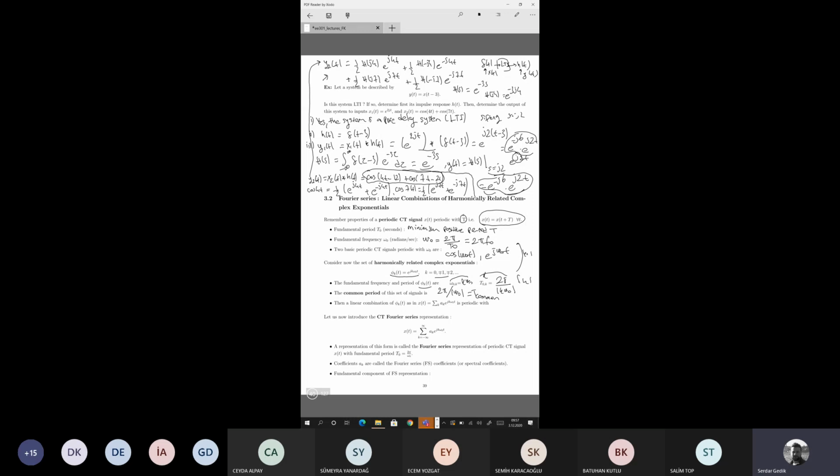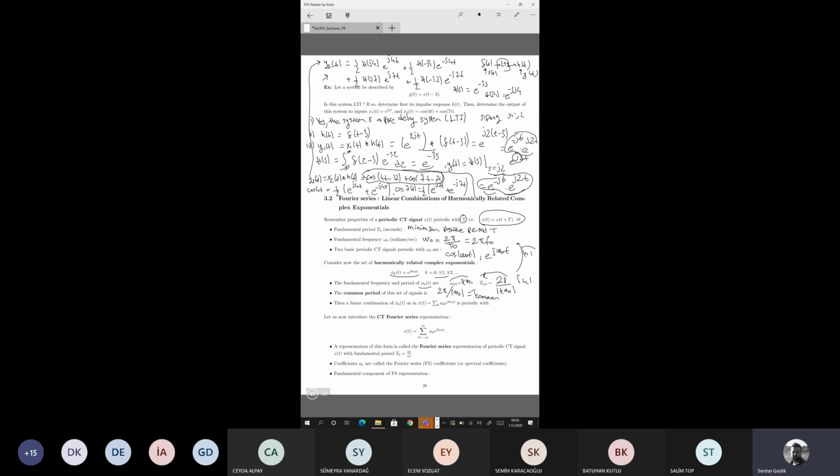It is not the fundamental period for all of them; it is only the fundamental period for the first component with k equals 1, which is called the fundamental component. But multiplying the period by integers gives a number that is again a period of the signal, so for all of those phi k's, 2 pi over omega 0 is the common period.